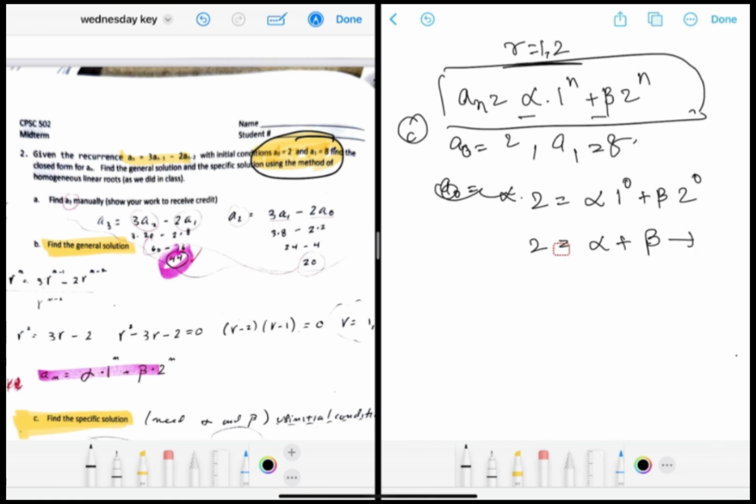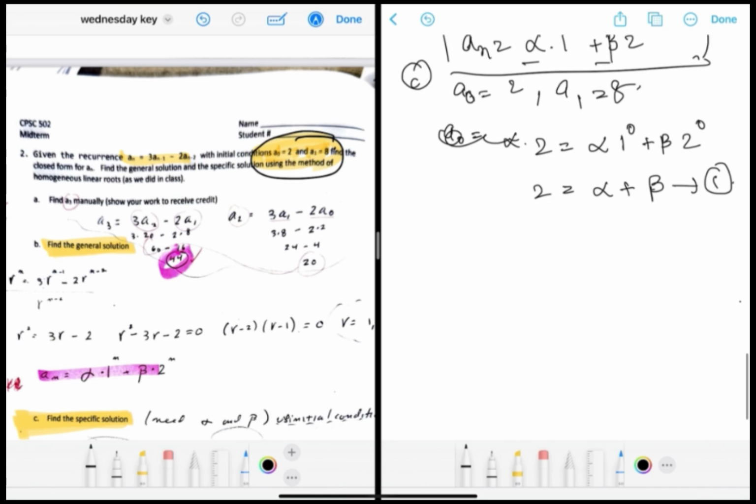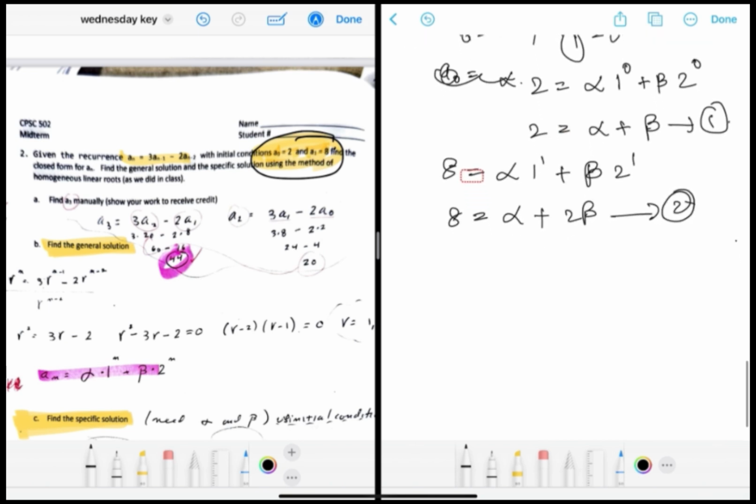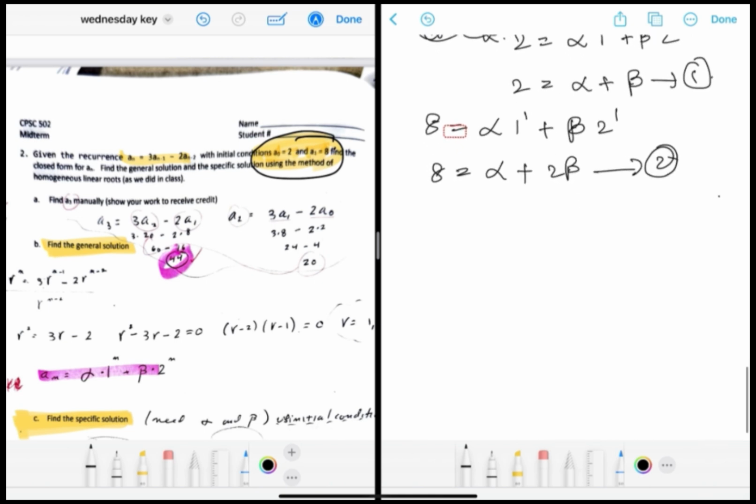So that is equation 1. And for the second equation, a_1 is equal to 8. So if we substitute 1 in this equation, alpha times 1 power 1 plus beta times 2 power 1 is equal to 8. Alpha plus 2 beta, this is our equation 2. We are going to solve for alpha and beta from equation 1 and 2.